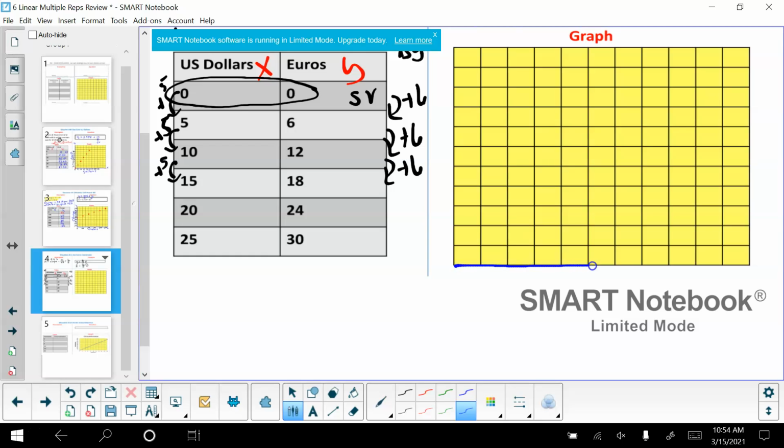Here's my x-axis, and my x is my US dollars. Here's my y-axis. My y is the euros.